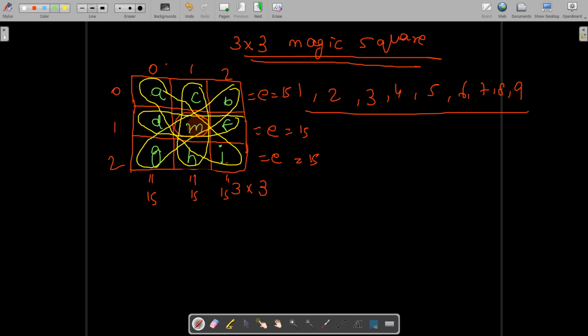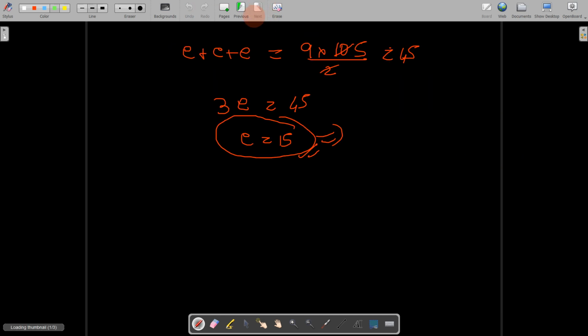We are adding M how many times? How many yellow marked areas are there? 1, 2, 3, 4. 4 are there, right? So 3 times E, sorry, not E, we are using M. 3 times the middle value.